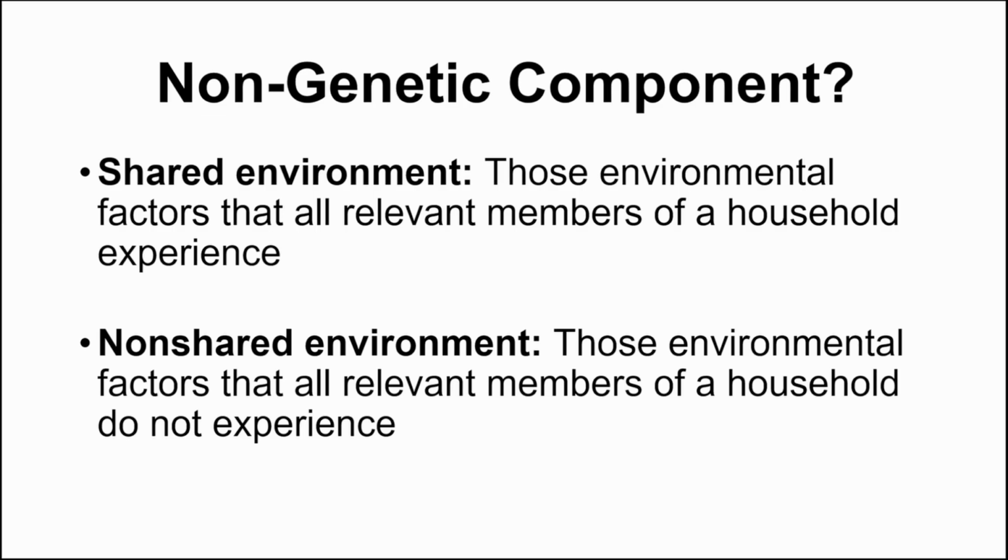And that must be due to these things that they don't share in their environment. So if you've noticed that we can say this much looks related to environment and this much looks related to genes, there's always going to be more to it than that. Our technical term is non-shared environment. It catches all the stuff that's left over, and then we kind of ignore it from that point forward.